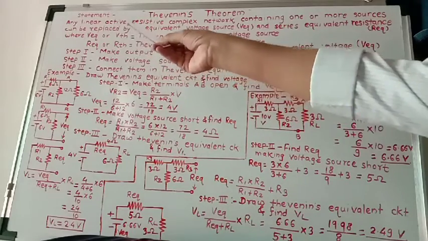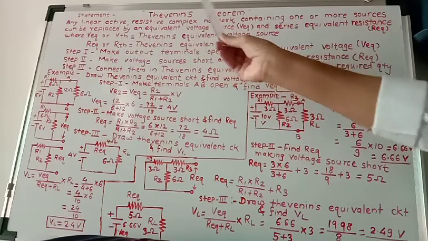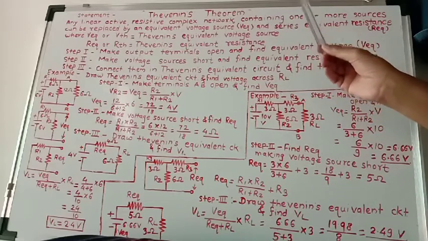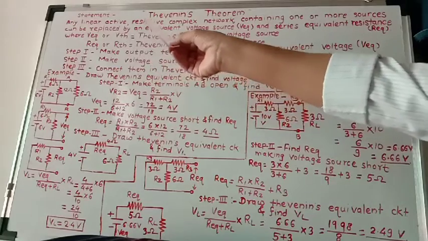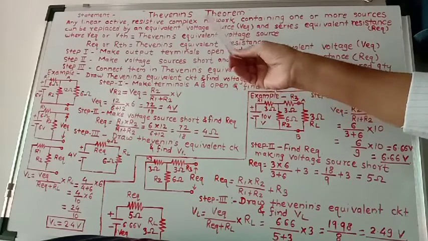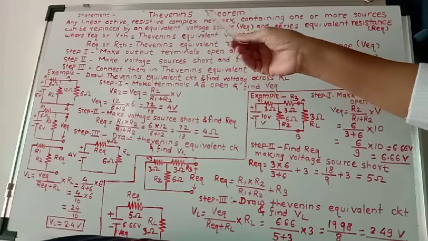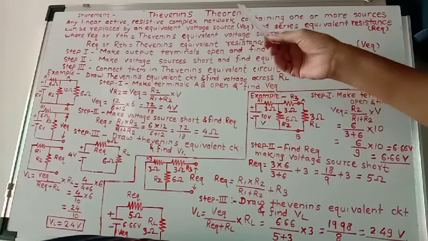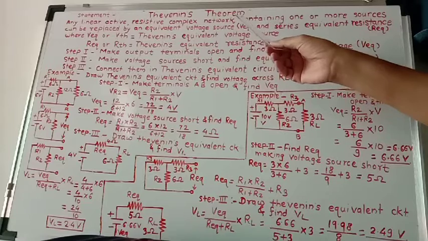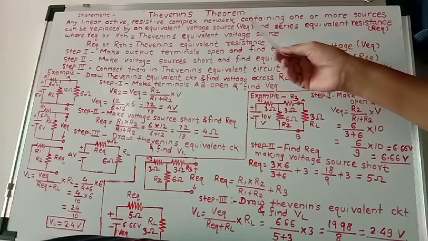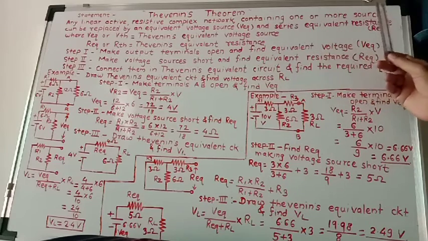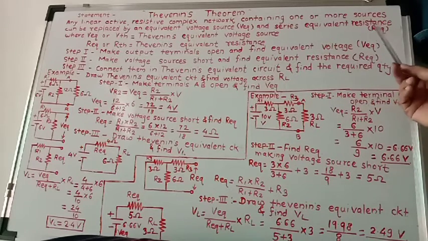Any linear active resistive complex network containing one or more sources can be replaced by an equivalent voltage source, that is V equivalent or VTH, also called Thevenin's equivalent voltage, and a series equivalent resistance, that is R equivalent or RTH, Thevenin's equivalent resistance.